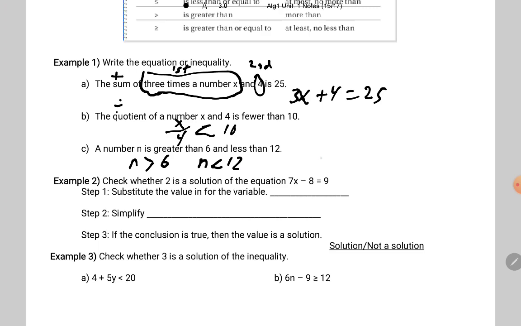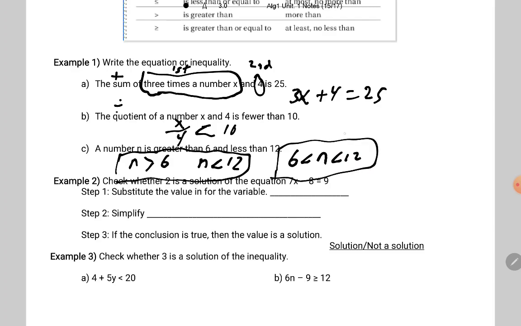Or if you wanted to clean it up, it'll look like this. n is less than 12, but greater than 6. This would mean 6 is less than n is less than 12. So either of these is fine. This is more complete. But both of these are acceptable answers.